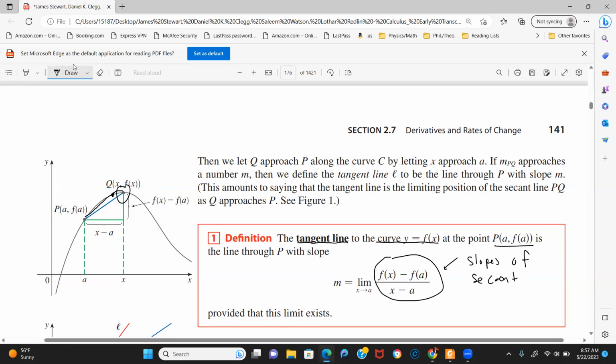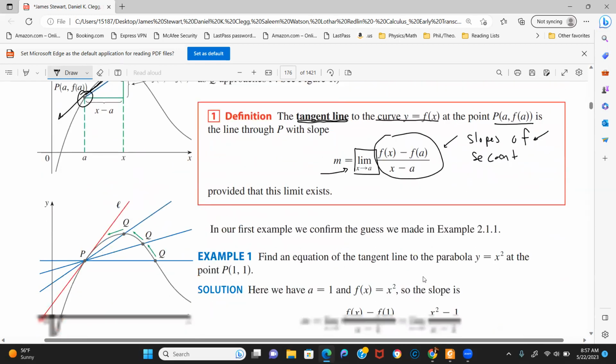It now goes through this point right here, so it slides towards this point. You compute the slope of that line, and if you keep repeating this process, you get a sequence of slopes of secant lines, and you take their limit. You see what value they're approaching, and that's by definition the slope of the tangent line, this quantity right here.